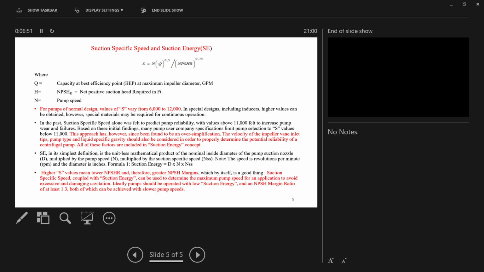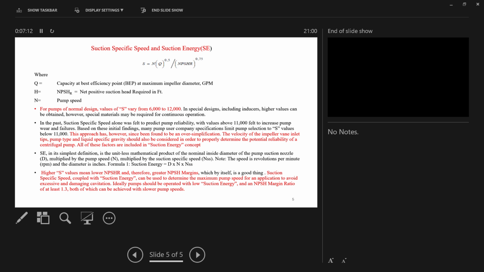Normally specific speed varies from 6,000 to 12,000, and we prefer suction specific speed to predict the pump reliability. Above the value, wear and failure will increase, and then we have to correlate.